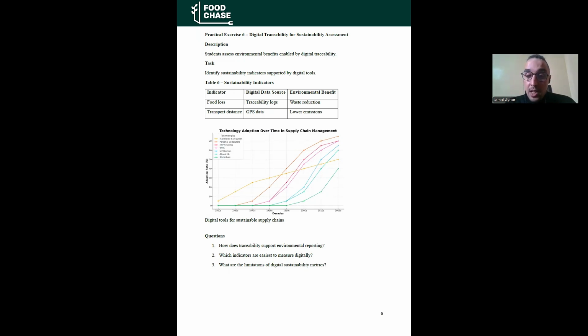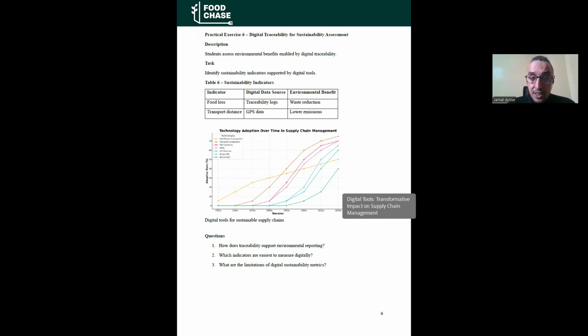In this graph, we explain technology adoption over time in supply chain management, with examples of new technologies such as AI and blockchain, which are applied for the digitalization of the supply chain.